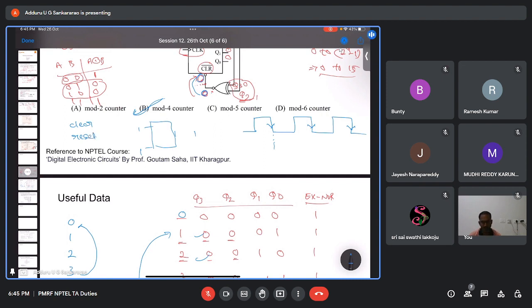Clear or reset both are the same, and set input also will be there. Whenever you apply the clear input, whatever the flip-flop inputs may be, it doesn't matter, and whatever the clock may be, it can change.